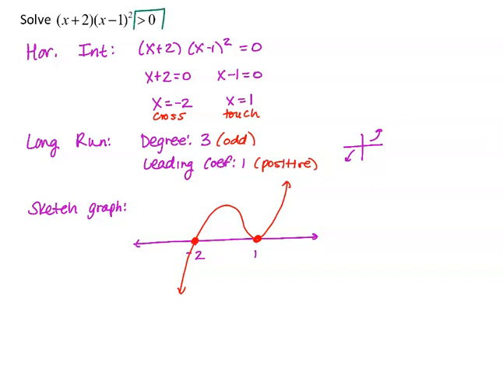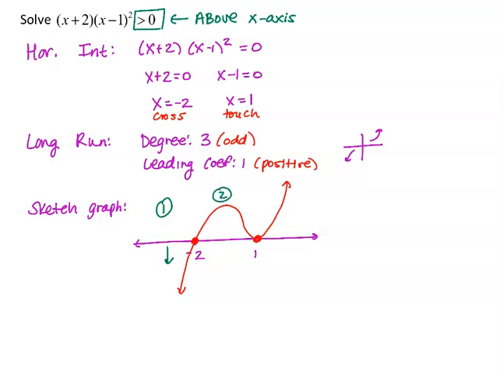So using our sketch of our graph, now look back at the original problem. We want to know where this polynomial function is greater than 0. Another way to say this is we're trying to find where it is above the x-axis. Our graph has been divided into 3 sections. In section number 1, the part to the left of negative 2, our graph is down below the x-axis.